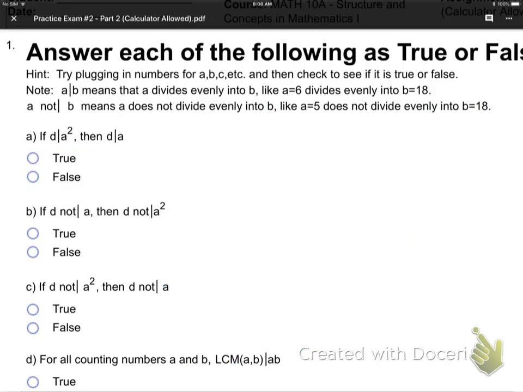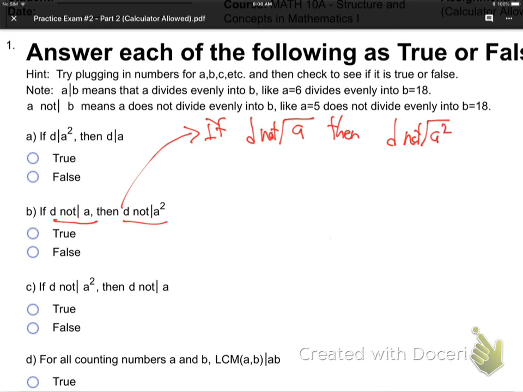Okay, let's try number 2 here. If D does not divide into A, then it will not divide into A squared. So we've got to pick. I'll write: if D does not go into A, then D will not go into A squared.